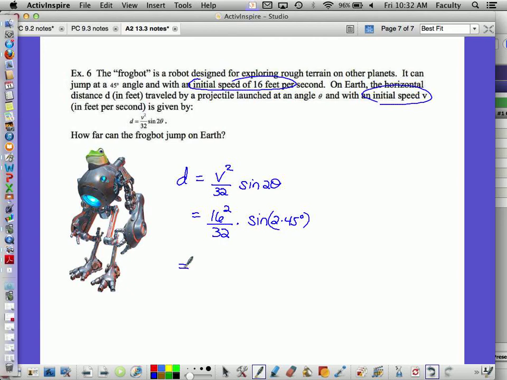So watch, I'm not expecting you to know 16 times 16 or to ever actually work that out. Watch what we're going to do. 16 squared is 16 times 16. 2 times 45 is 90. Now watch what I can do. 16 goes into 32 2 times.